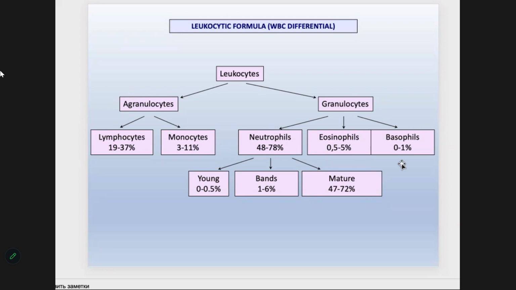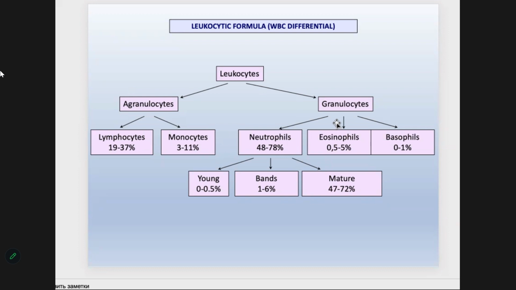All granulocytes have the ability of phagocytosis. Phagocytosis is the digestion of different alien substances. These alien substances, bacteria, viruses, toxins, are named antigens.